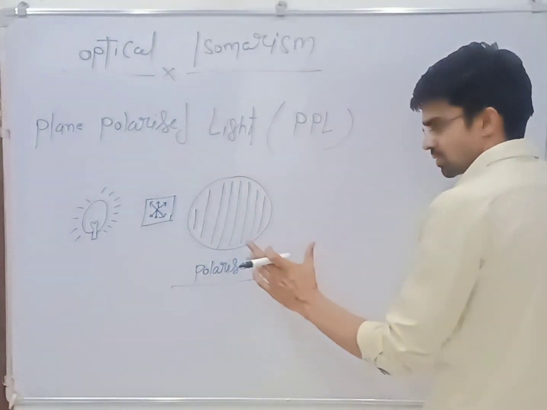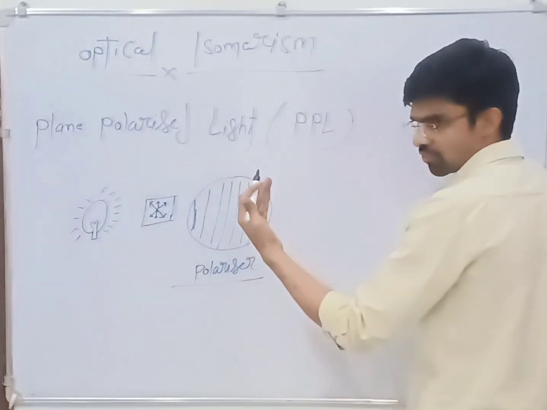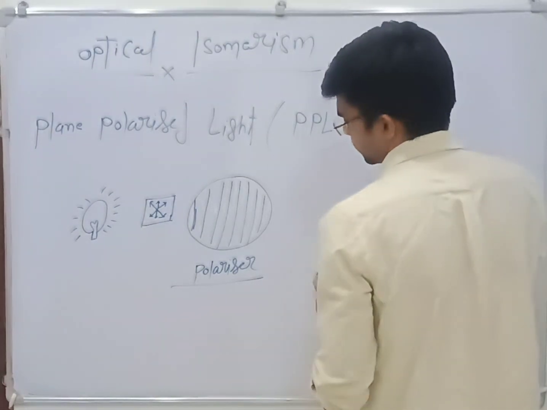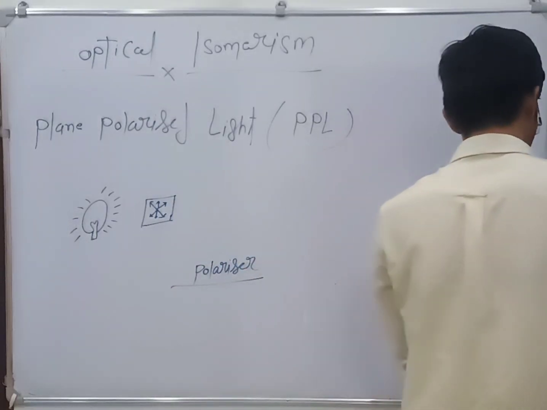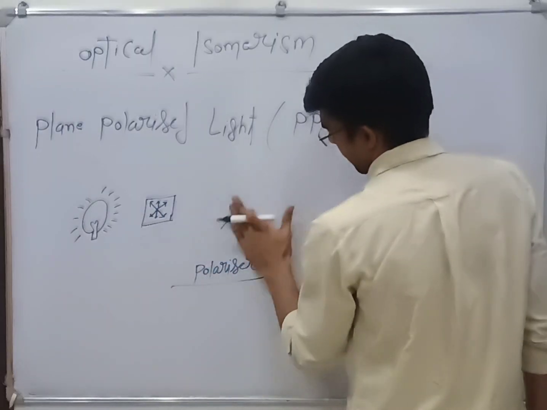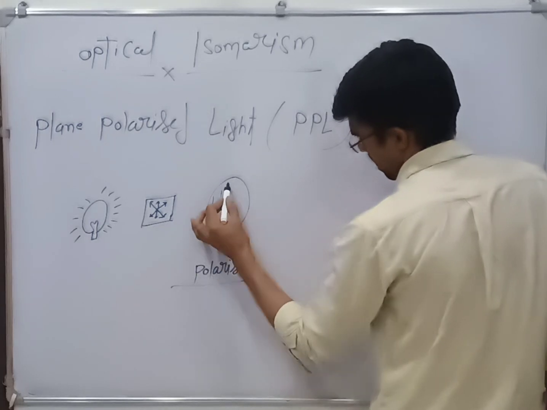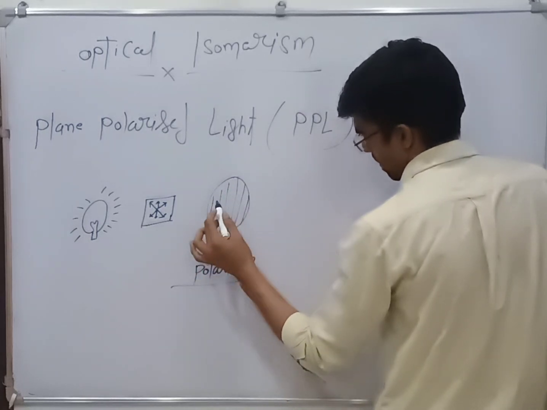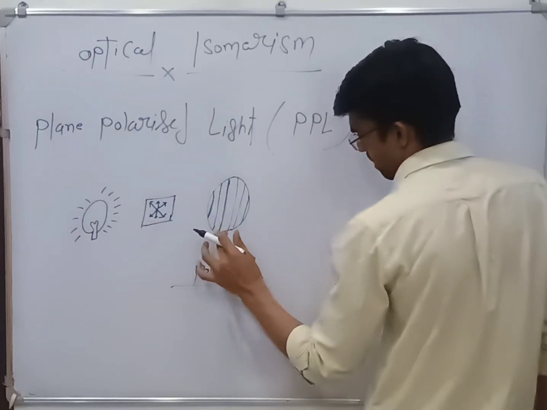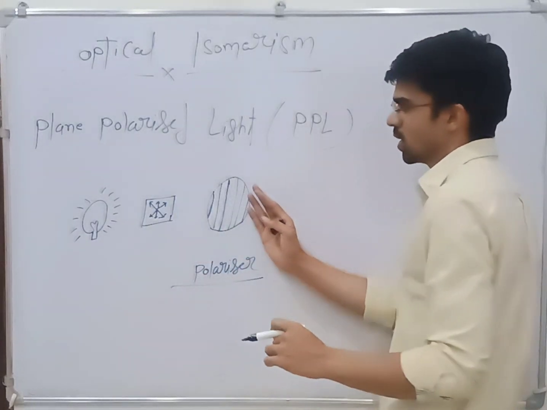See here, this is a polarizer. It will allow only the vertical side of light to pass. This is the mechanism. This is your polarizer.